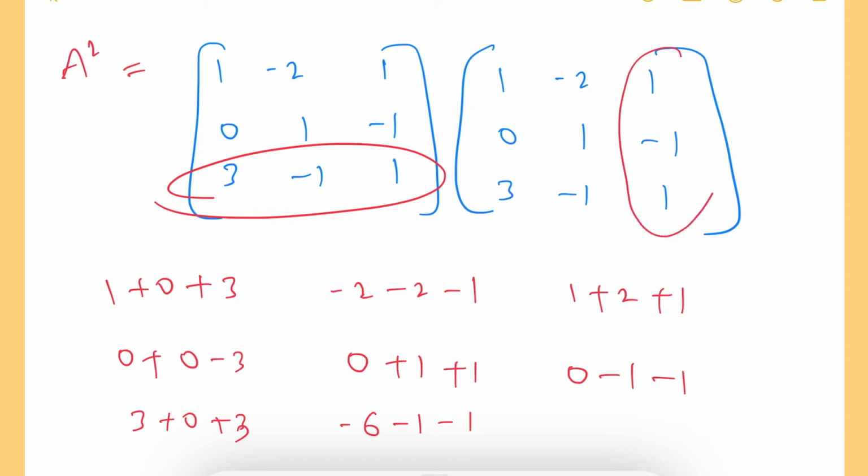Next, third row into third column. 3 into 1 is 3, minus 1 into minus 1 is plus 1, 1 into 1 is 1.